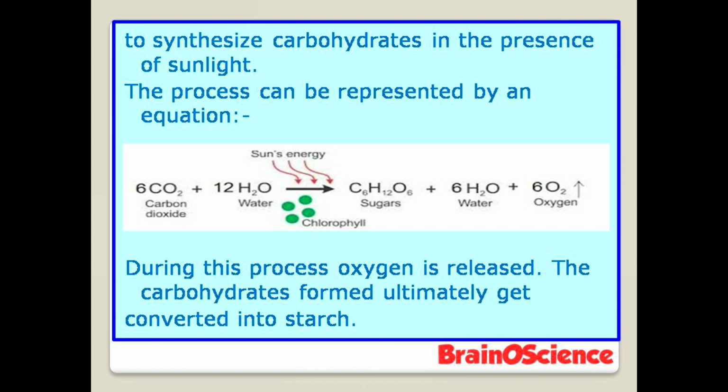In the presence of sunlight, the process can be represented by an equation: 6CO2, meaning carbon dioxide, plus 12H2O, meaning water, in the presence of sunlight and chlorophyll gives C6H12O6, meaning sugar, plus 6H2O, meaning water, plus 6O2, meaning oxygen. During this process, oxygen is released. The carbohydrate formed ultimately gets converted into starch.